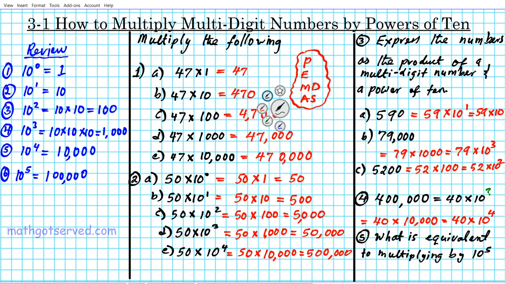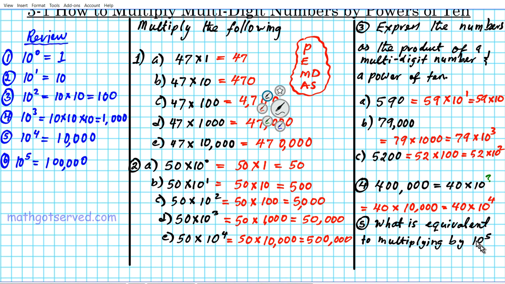If you want to multiply by 10 to the 5th, what's another way of writing that? 10 to the 5th is equivalent to multiplying by, guess what? 1 followed by 5 zeros, multiplying by 100,000. 1, 2, 3, 4, 5. So it's exactly the same thing. If you multiply a number by 10 to the 5th or by 100,000, you will end up with exactly the same answer.